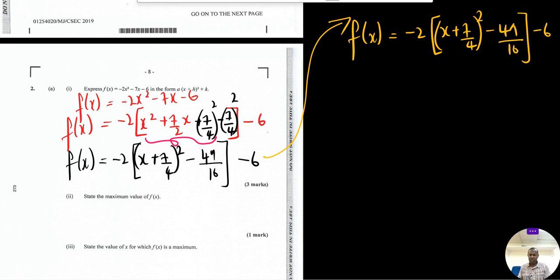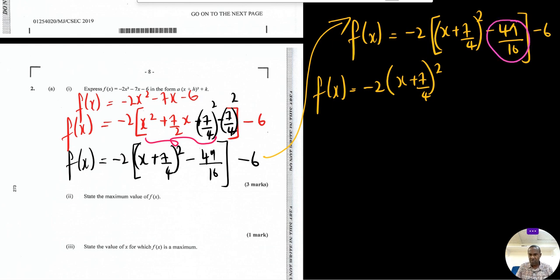So we expand the brackets and try to simplify. And so we get that f of x equals minus 2 bracket x plus 7 over 4 squared. Now, inside, we're going to multiply the minus 49 over 16 by the minus 2 outside.